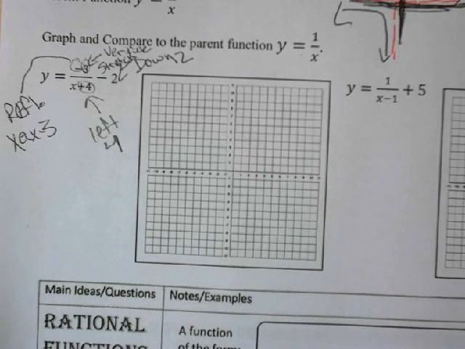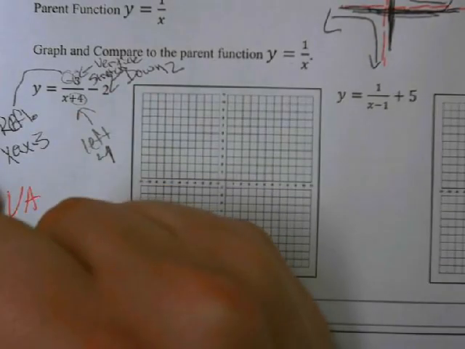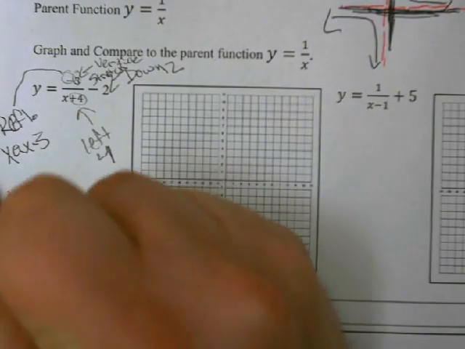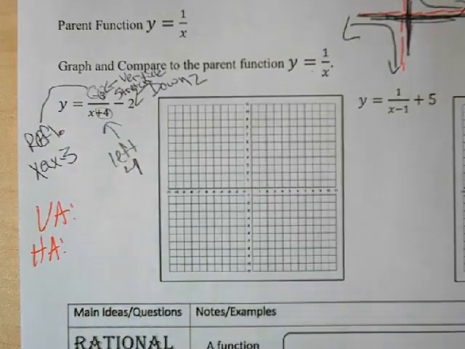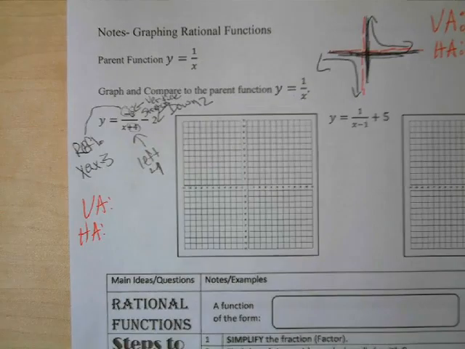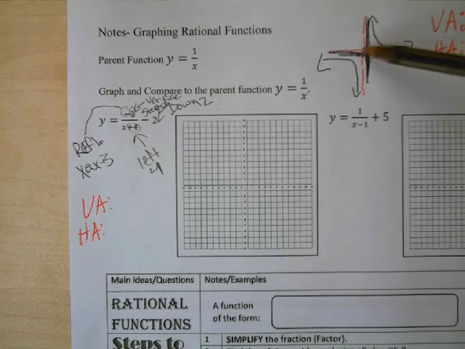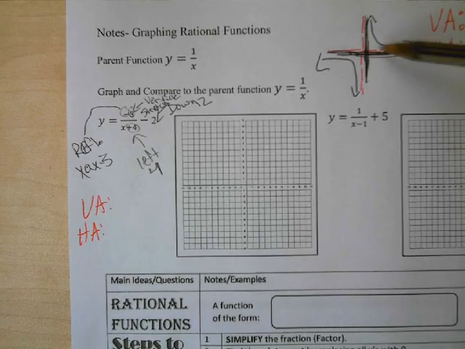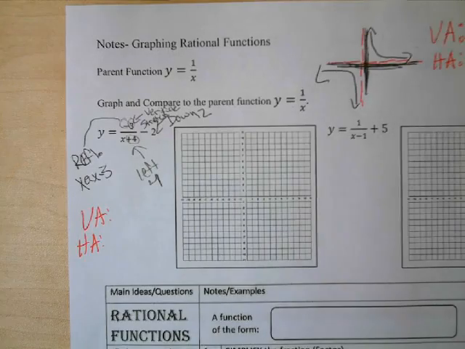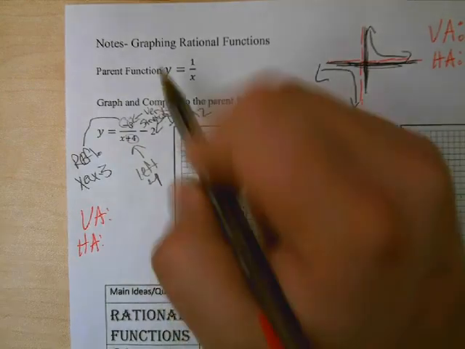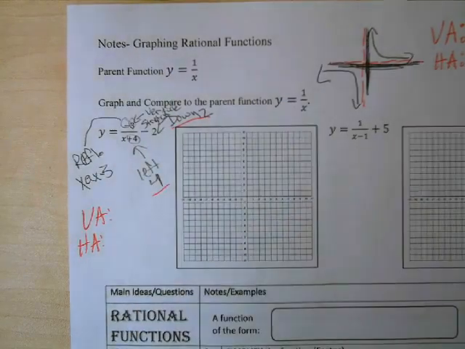Okay? So let's figure out where our vertical asymptote and horizontal asymptote are going to be. Do you guys see how the vertical asymptote and the horizontal asymptote meet at 0, 0? I like to plot my horizontal and vertical asymptotes based off that. So I said we went down 2 and left 4, right?